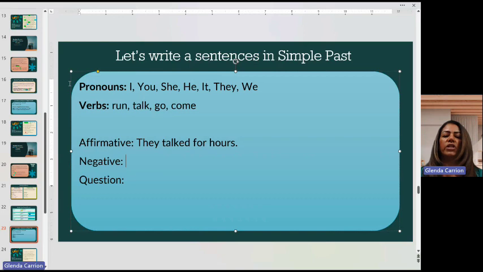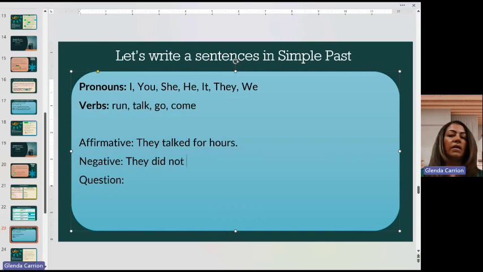But now I have to change that into the negative form. And how do I do that? Well, I use the same pronoun, but now I need to add something. It is negative, so I need to add the auxiliary verb that tells me that it's the past tense and the word not, which is that auxiliary verb did not.